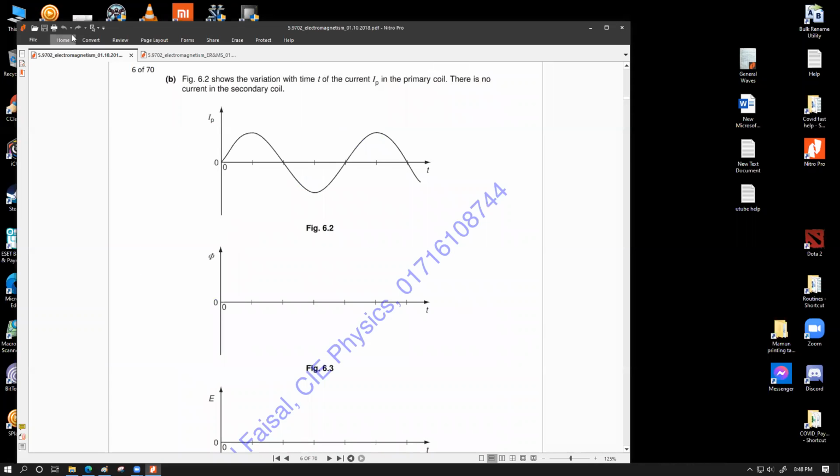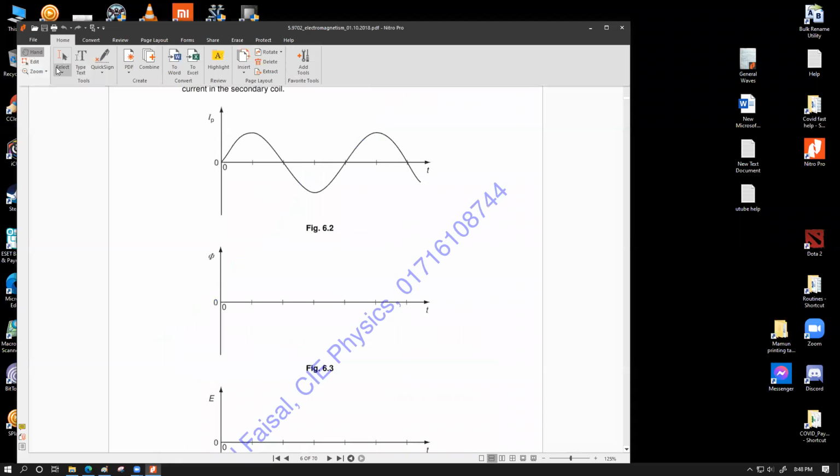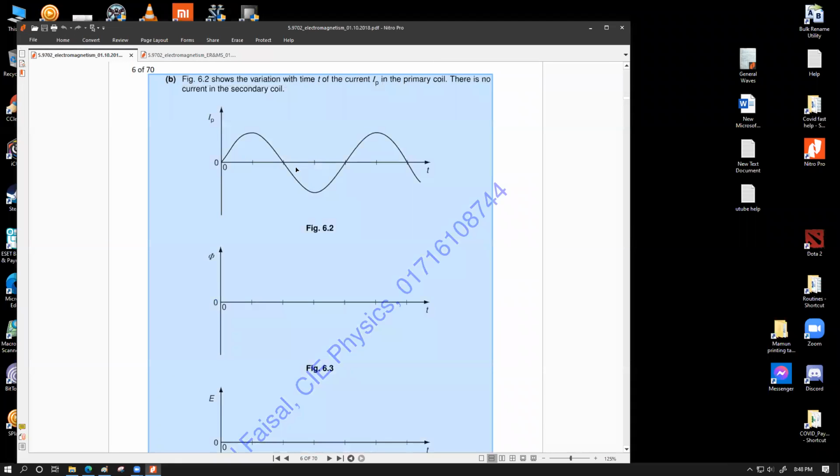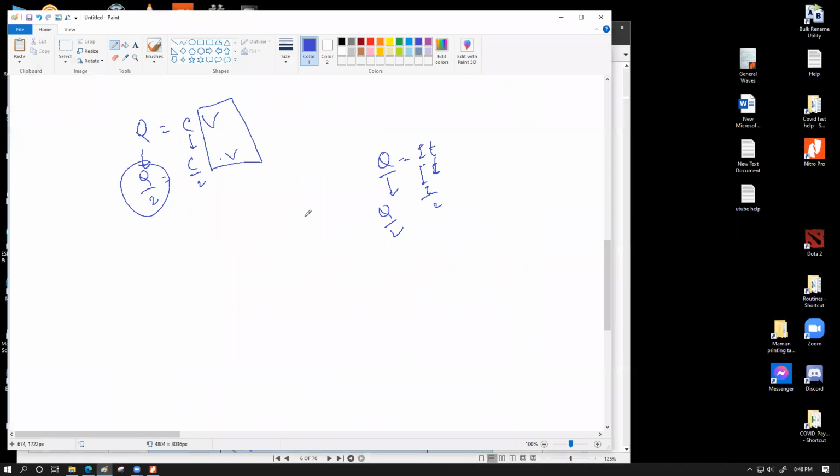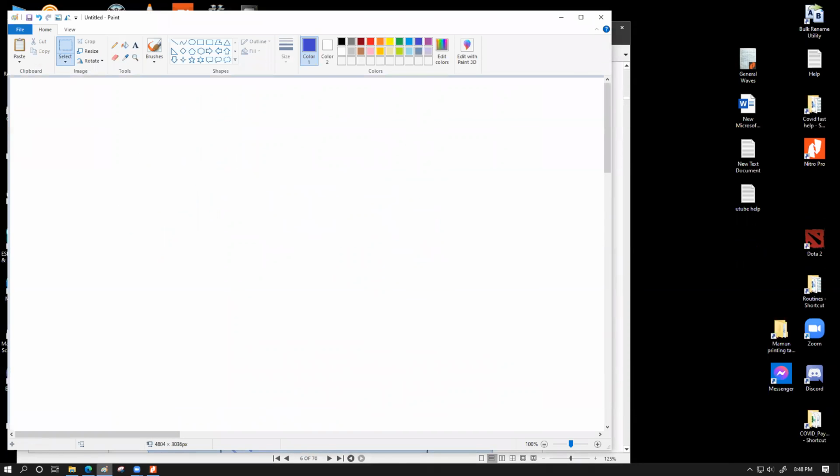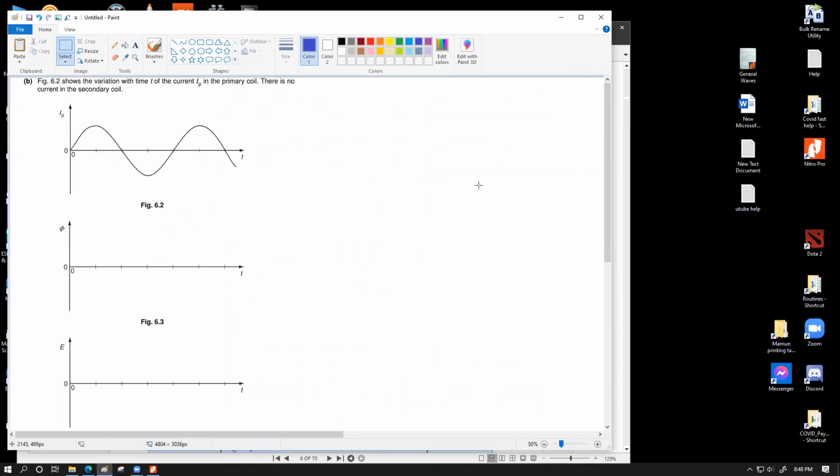Okay, I have to select this. So the first thing you have to understand is that the primary coil basically creates the magnetic flux. The magnetic flux phi, which is given by BA, this B is created from the primary coil.